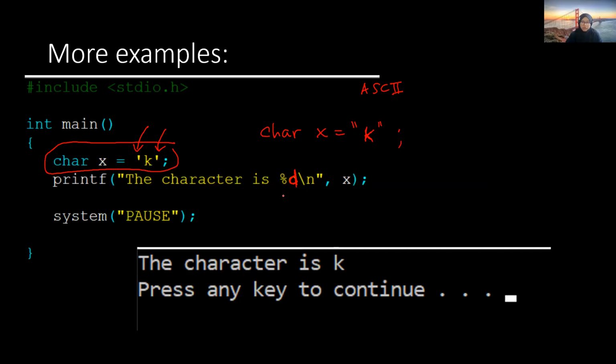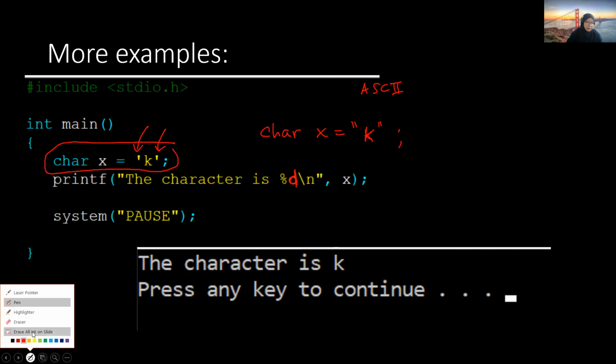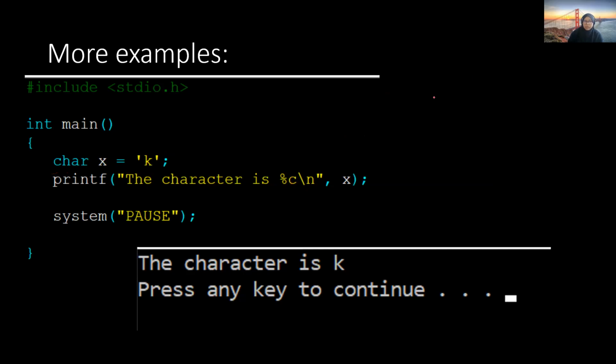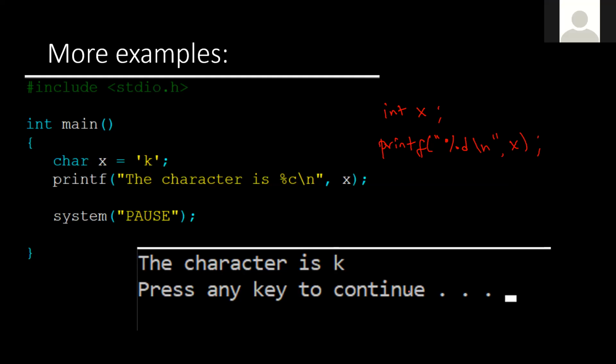Okay, so let's say I forgot to initialize. Let's say integer x, and I say printf, my specifier is correct, it's integer, %d, and then x. I say to display x, but I forgot to initialize the value.